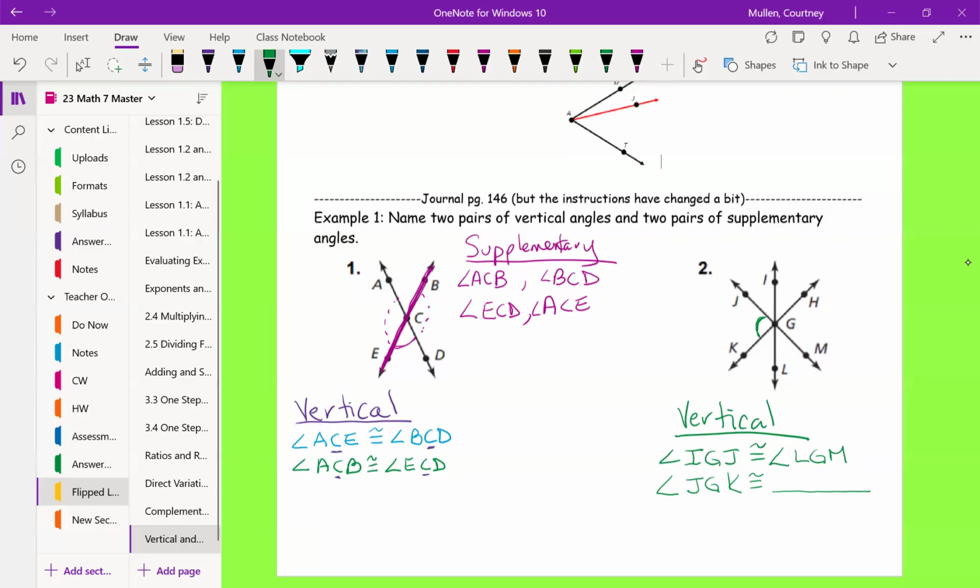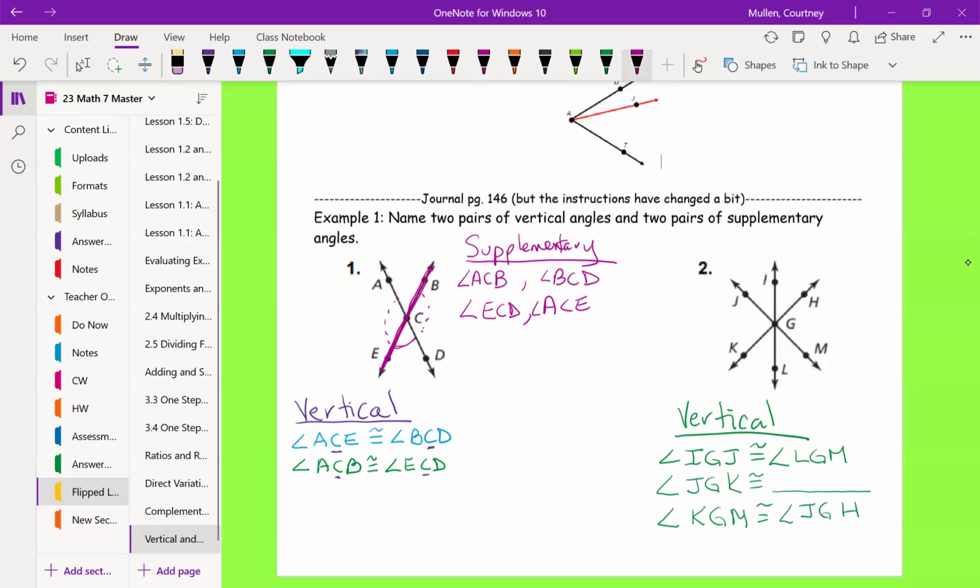Let's try one more. I know it says two, but let's try one more. What about angle KGM? What's a vertical angle with angle KGM? So KGM is here. Did you say angle JGH? You'd be right.